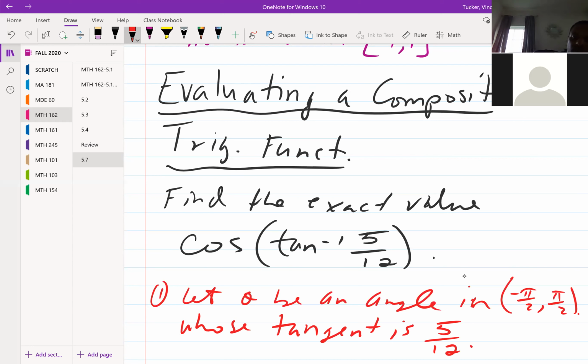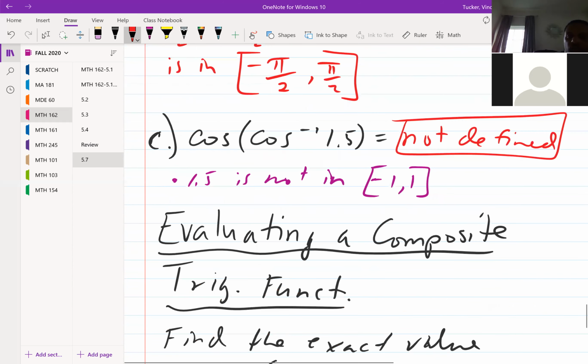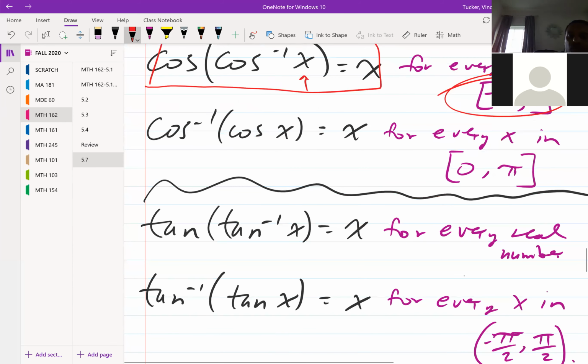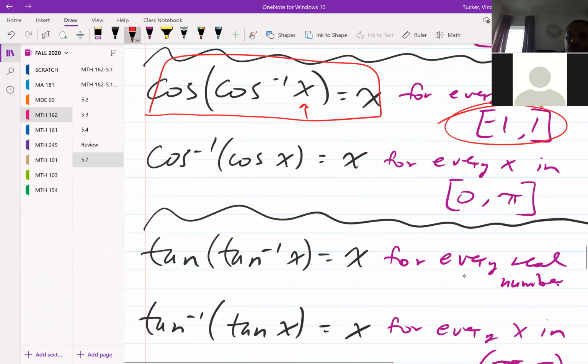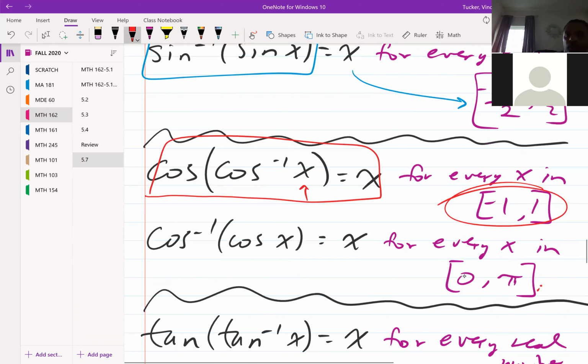And don't forget where this negative pi over 2 and pi over 2 are coming from. Go back to your relationships. So when we let theta be equal to something, it's going to be based on these domains here.